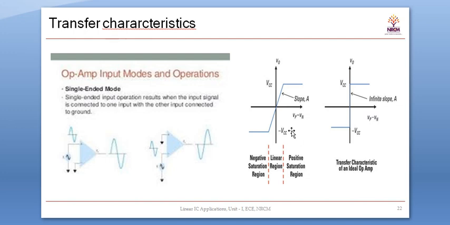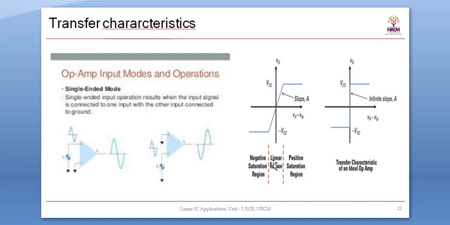Output voltage is taken on the y-axis and the differential input voltage on the x-axis. Whenever the op-amp is in open loop configuration, which means we are not applying any kind of feedback, we are interested to see what input voltage it is going to amplify.